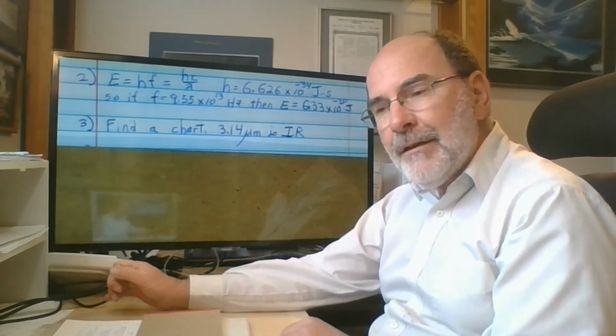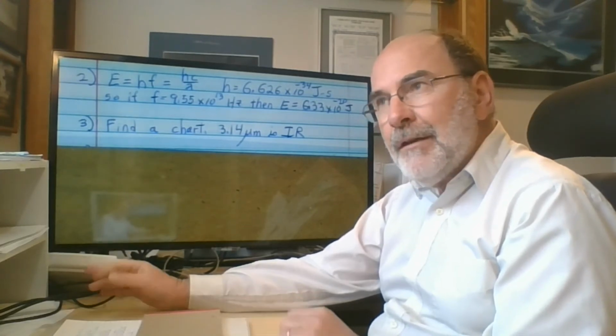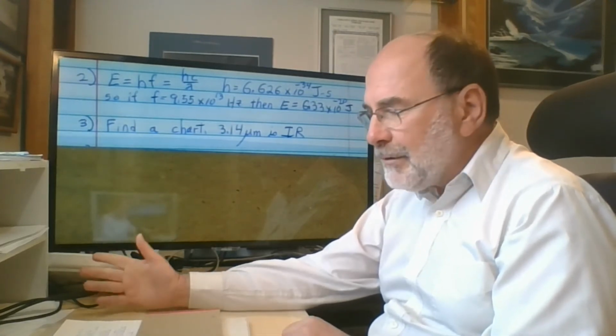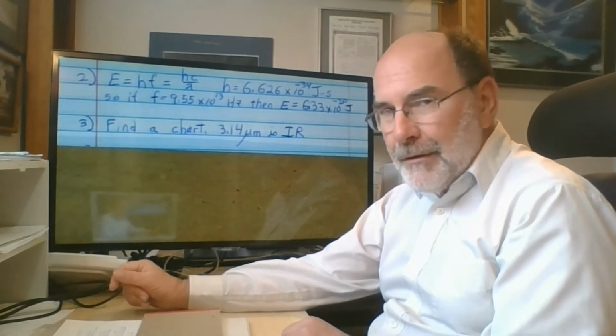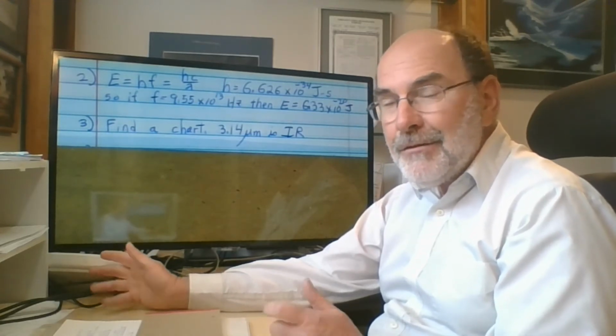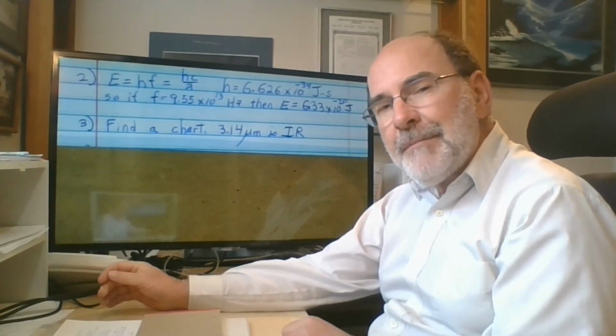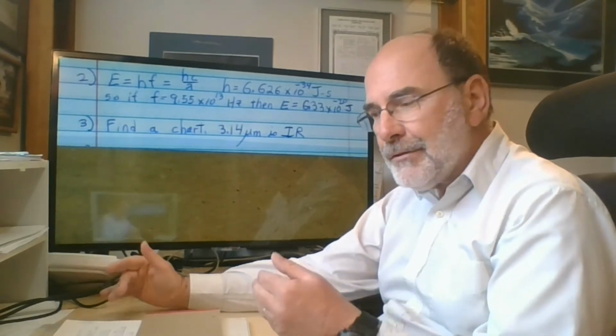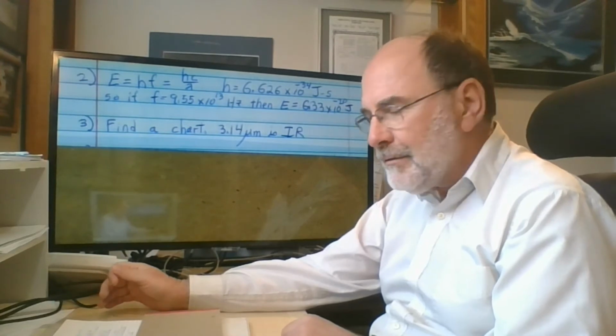Now you're at the violet end of the visible spectrum. Visible spectrum is ROY G. BIV: red, orange, yellow. Well, hopefully you know the rest, right? Red, orange, yellow, green, blue, indigo, violet. Those are the colors of the spectrum. The longest wavelength is red, the shortest one is violet.